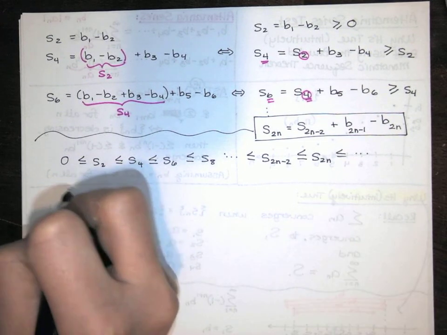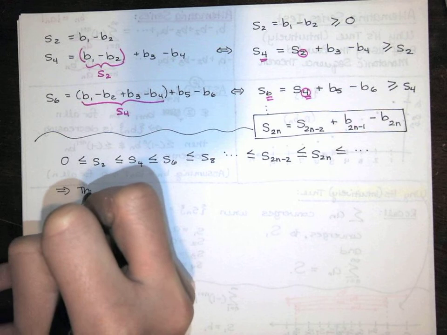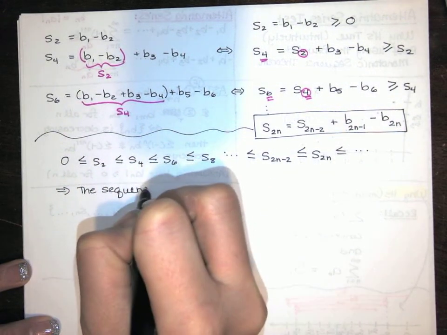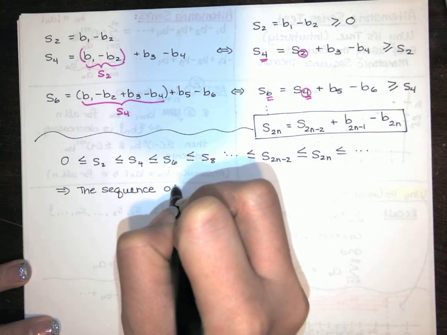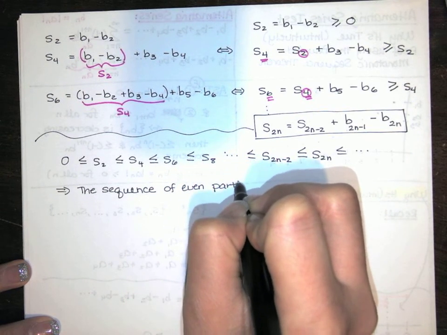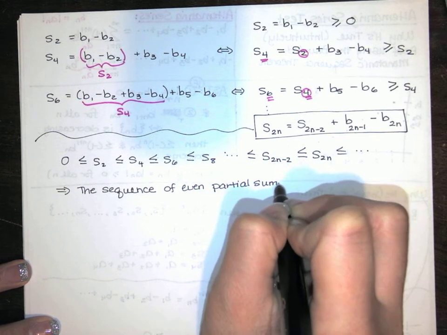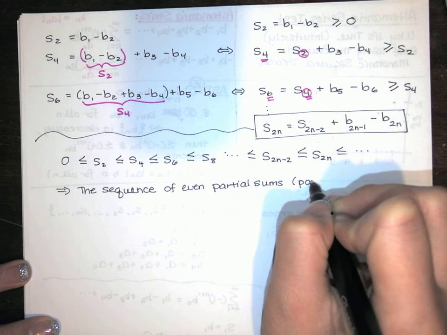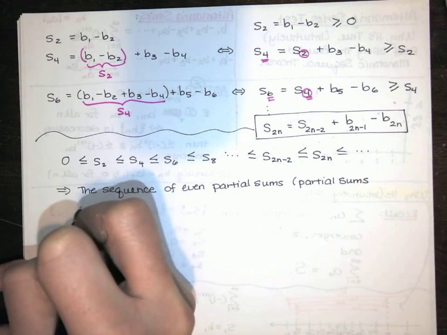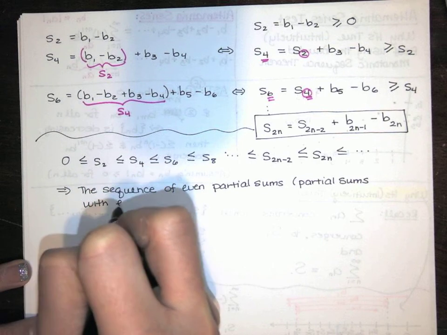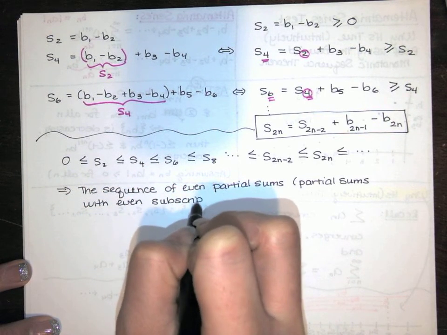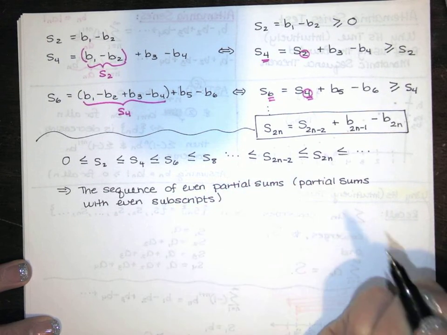So the sequence, it's really a subsequence of, or a sequence of partial sums, the sequence of even partial sums, or maybe we should be more specific, partial sums with even subscripts, is increasing.